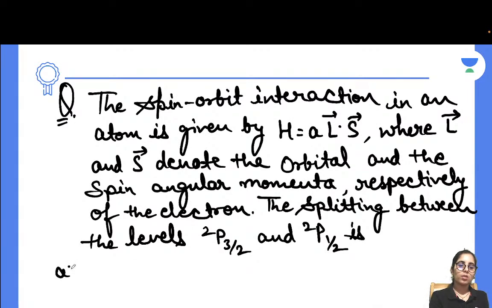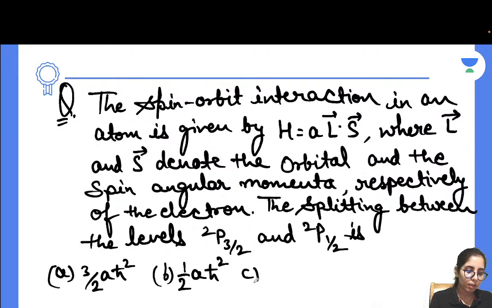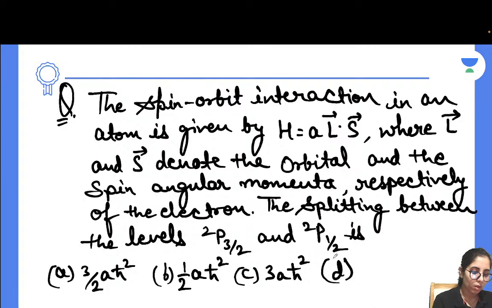Options are 3 by 2 A H square, 1 by 2 A H square, 3 A H square, 5 by 2 A H square.